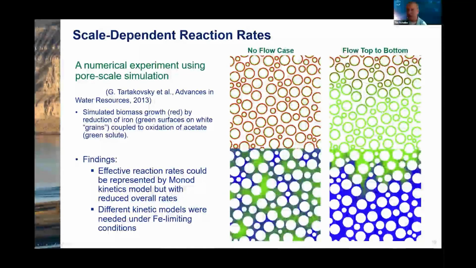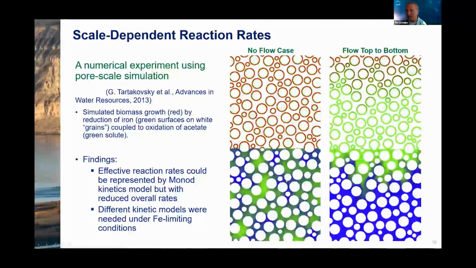This is coupled to the oxidation of acetate, which is the green solute in the pore spaces. In the case of diffusion only, the acetate is being reduced preferentially in some areas, and in these areas there are a lot more smaller grains and therefore more surface area, so that rate is larger there.